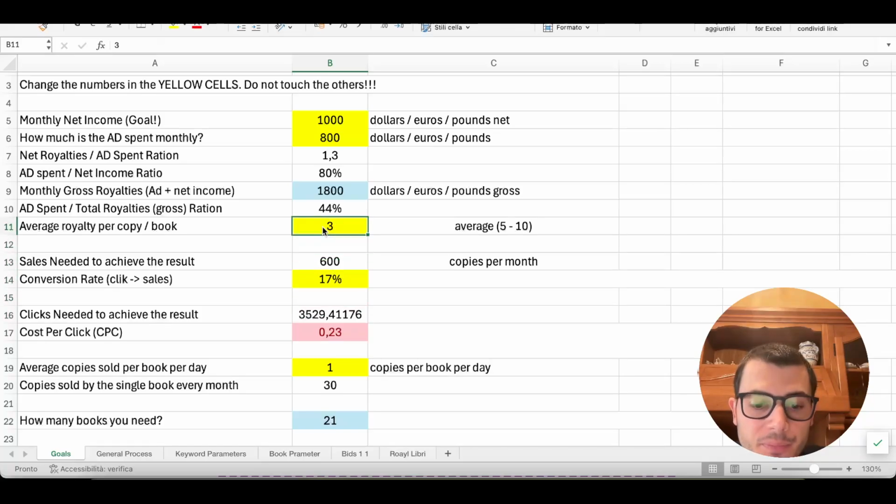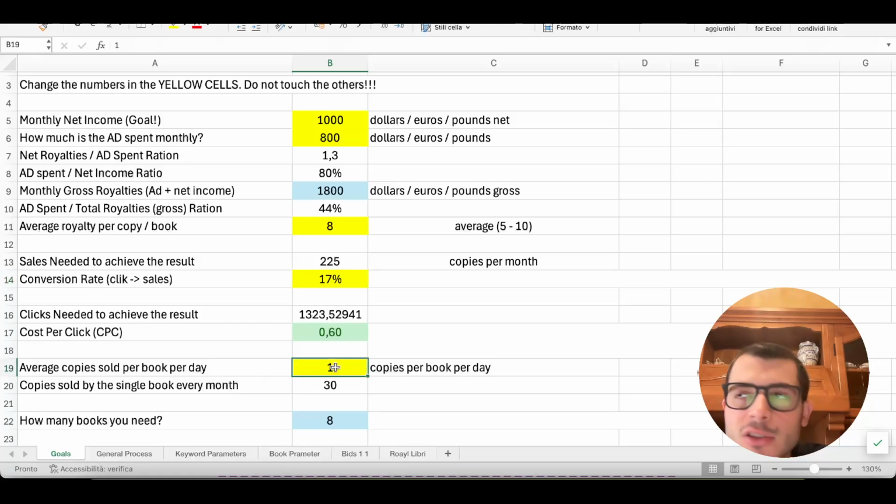So instead, if you have a book with an $8 royalty and a 17% conversion rate, that is really doable if you do things in the correct way. And imagine that your books sell 3 copies per day.